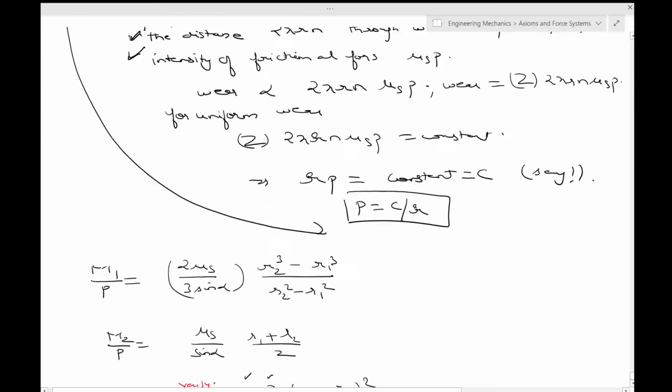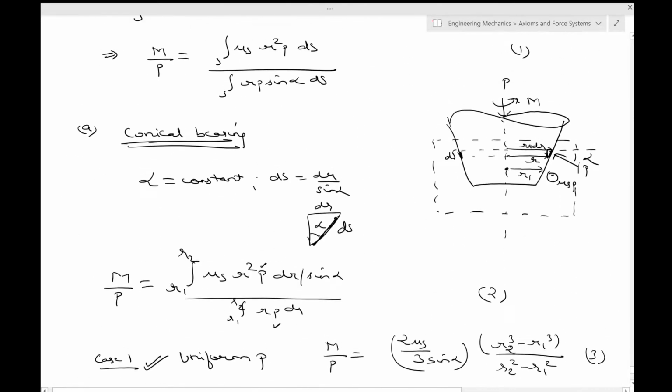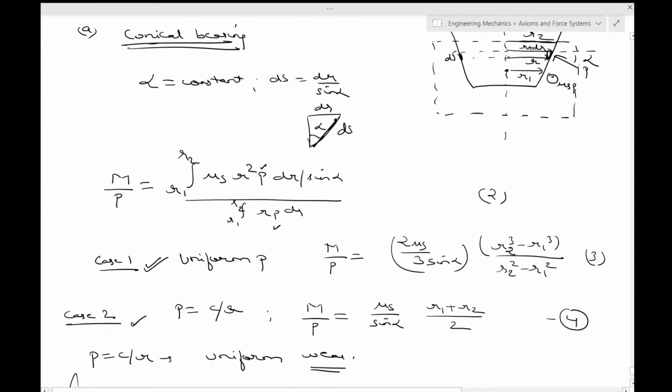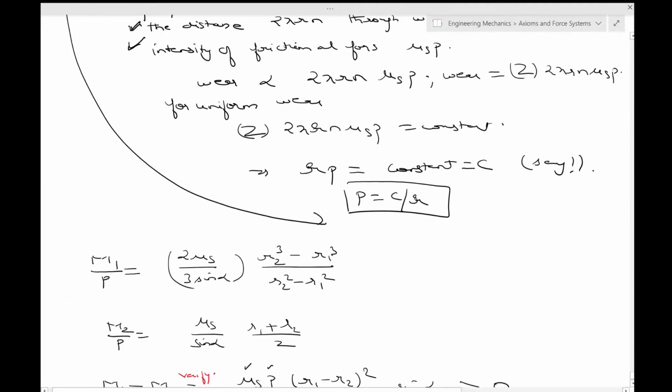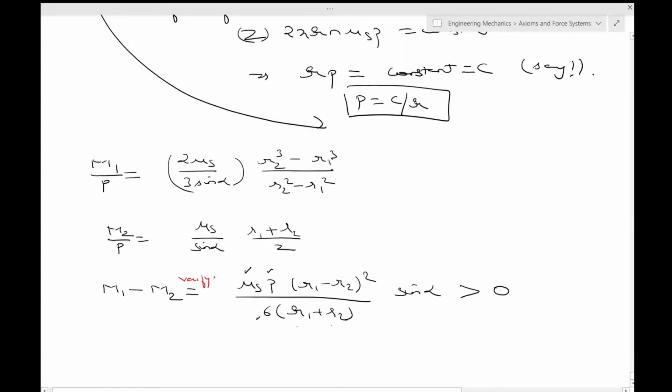Maybe I forgot to tell, r1 is the initial radius, r2 is the final radius. So this automatically implies that M1 is greater than M2.